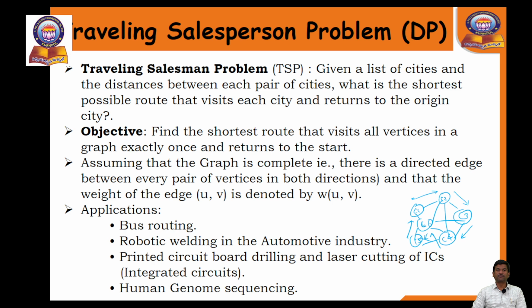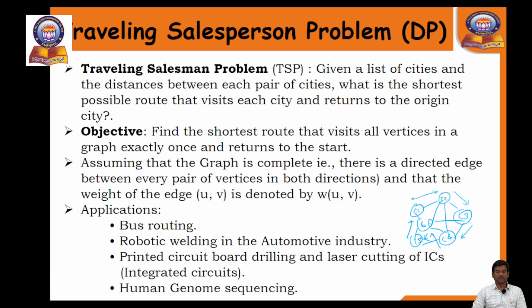Why do we need to go for the dynamic approach? Because it also solves the problem of overlapping subproblems as well as the optimal substructure. That is, the solution can be obtained in lesser time as compared with the brute force method.